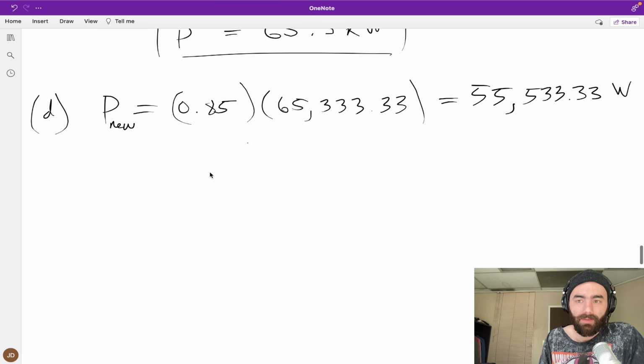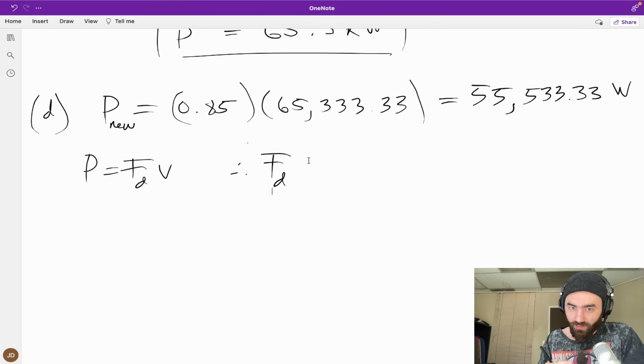Okay, so that's our new power. We need our new driving force, which will simply be this divided by 20 meters per second, because power equals the driving force multiplied by the velocity. So we have a decrease in power, which means a decrease in the driving force instantaneously, but the car is still moving at 20 meters per second.